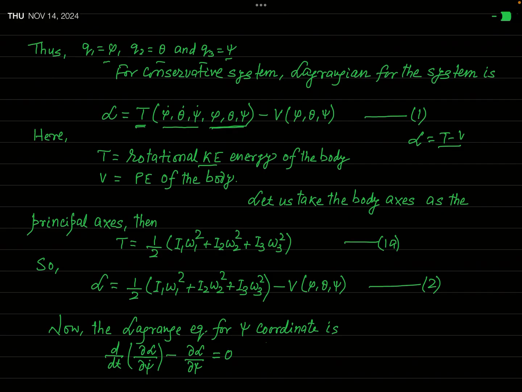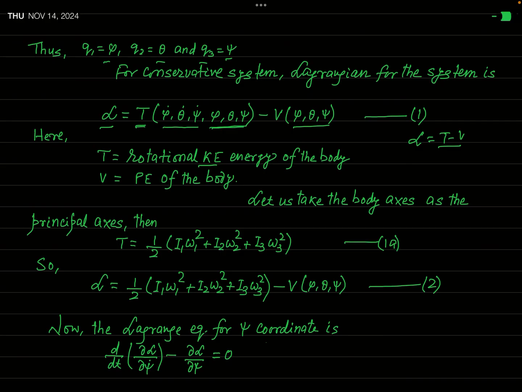That's why we simply say that the kinetic energy and the potential energy are also functions of phi, theta and psi, so the Lagrangian L is a function of the generalized coordinates phi, theta and psi, which are Euler's angles.